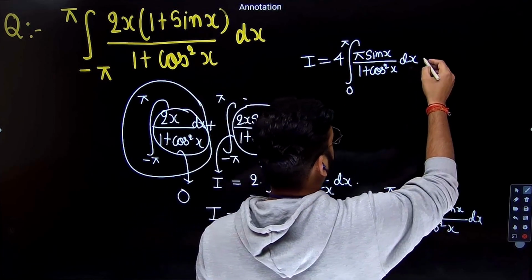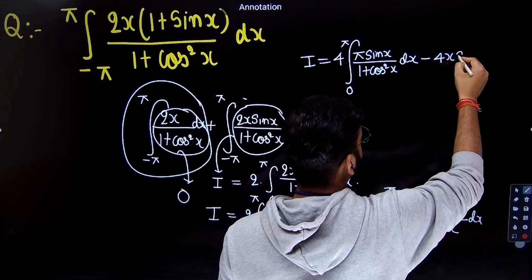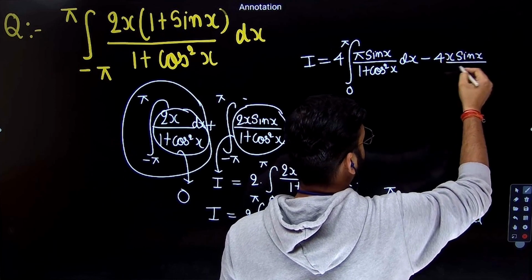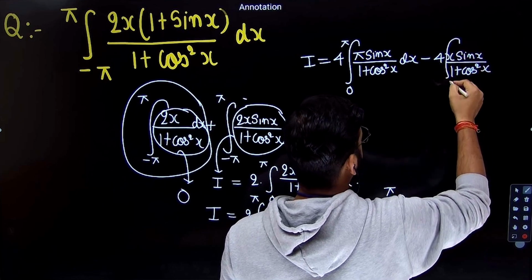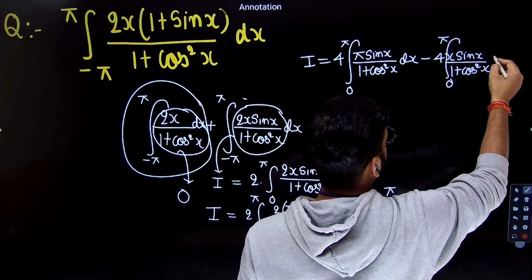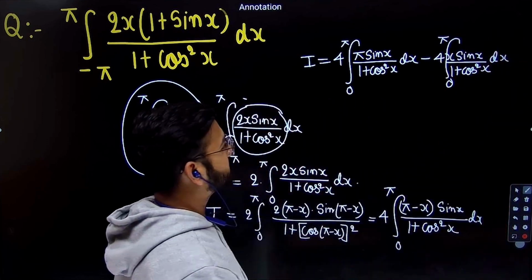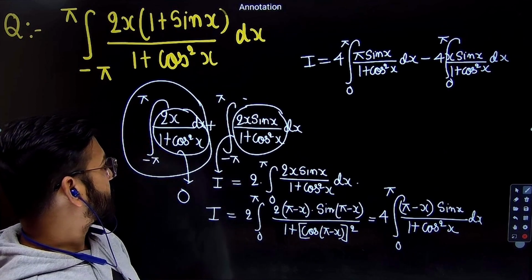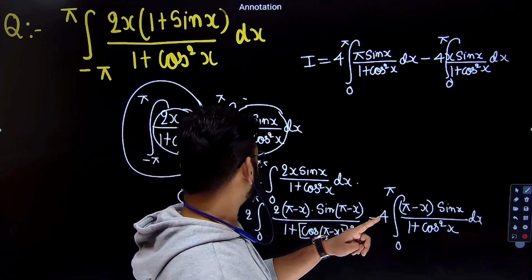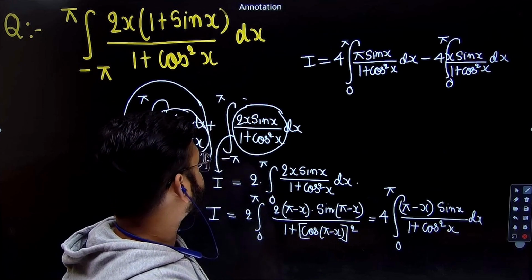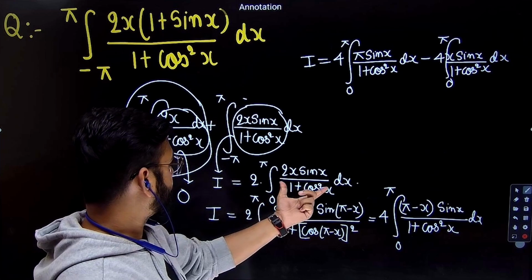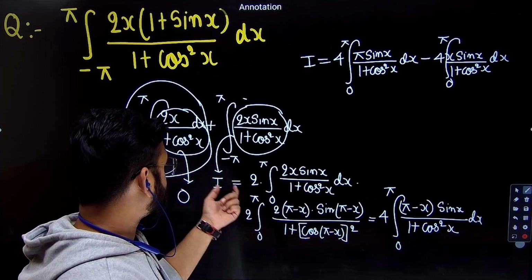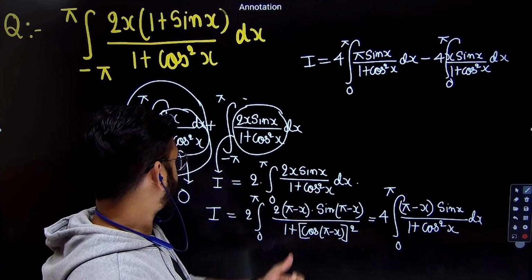And then minus 4x sin x divided by 1 plus cos square x from 0 to pi. If you see this expression carefully, which one did we take I as? We have taken I equal to 2 times of this expression, right?